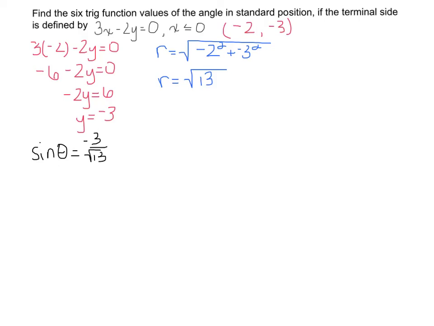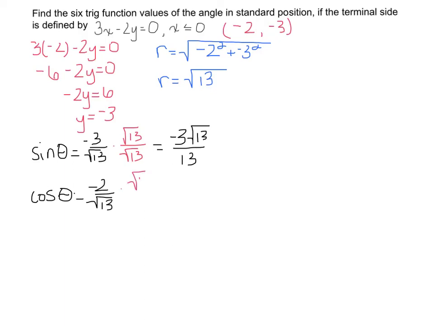Okay, so in this case I see a radical in the denominator. I need to multiply numerator and denominator by the same value. And that will give me -3 square root of 13 over 13. Same problem here. Multiply by the square root of 13 in numerator and denominator.